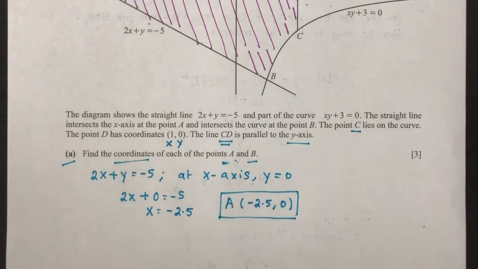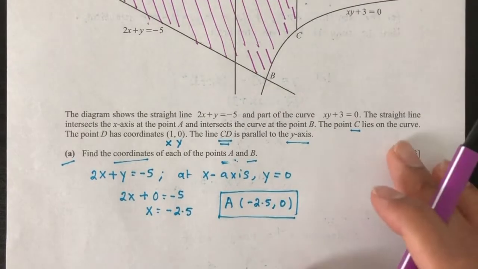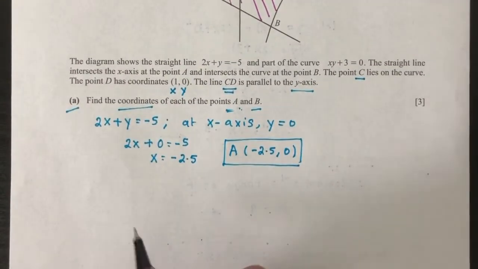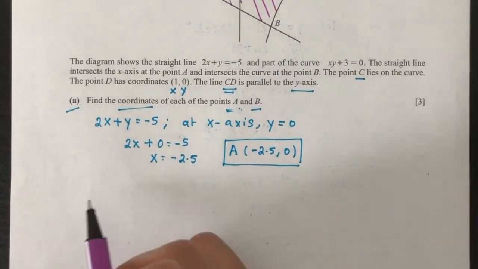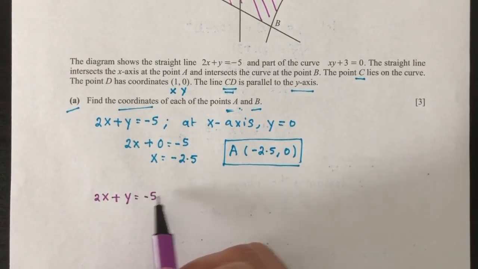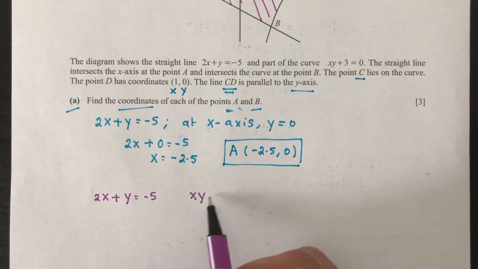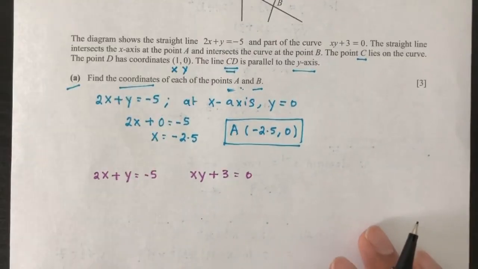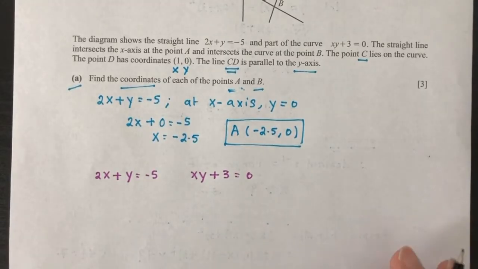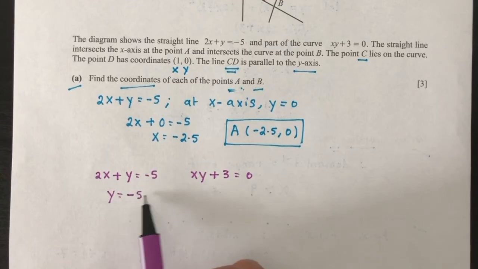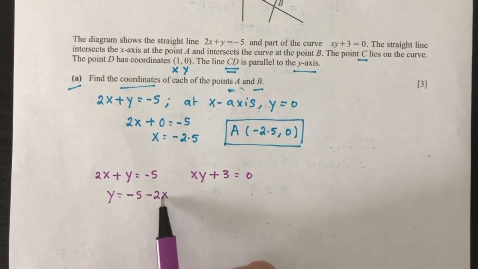So now let's move on to point B. So how would you find the point B? Point B is the intersection of this line with this curve. So let's write down the equations of both the line and curve. First one is 2x plus y equal to minus 5, and the curve is xy plus 3 equal to 0. So we have to solve this simultaneously. First step, let's make y the subject of the formula, which becomes minus 5 minus 2x.